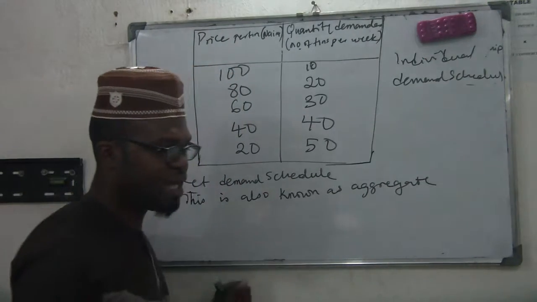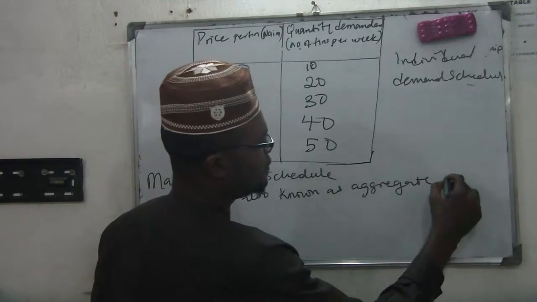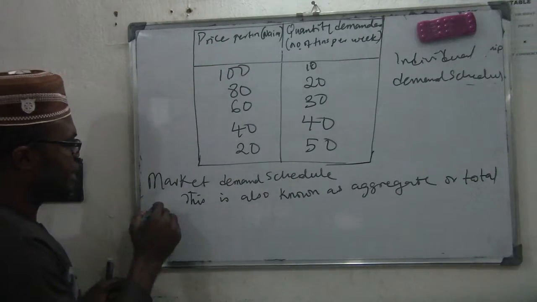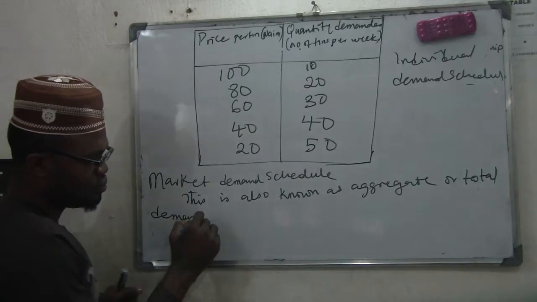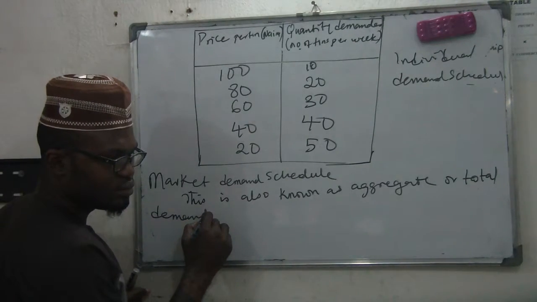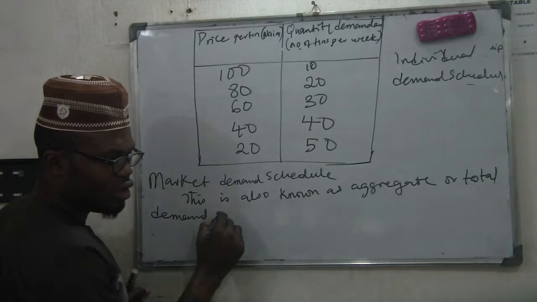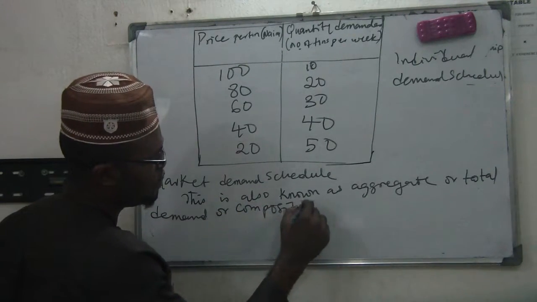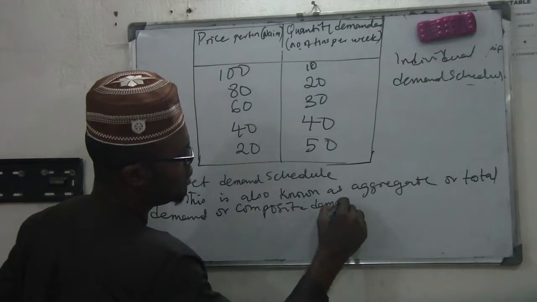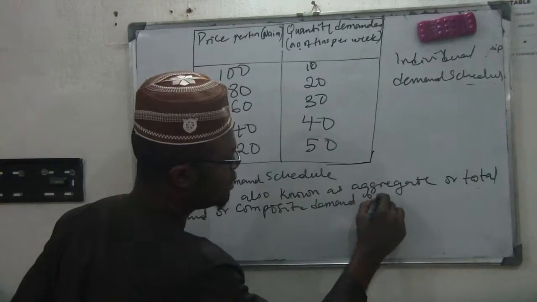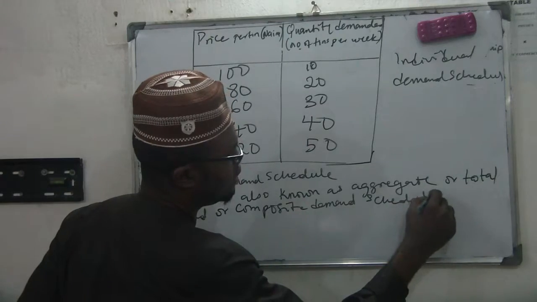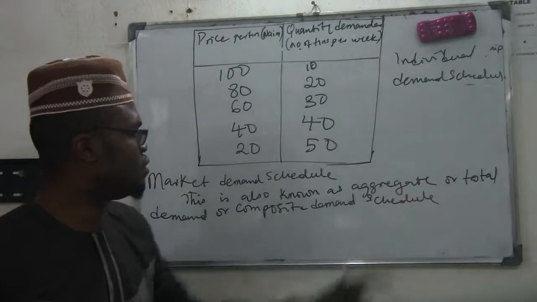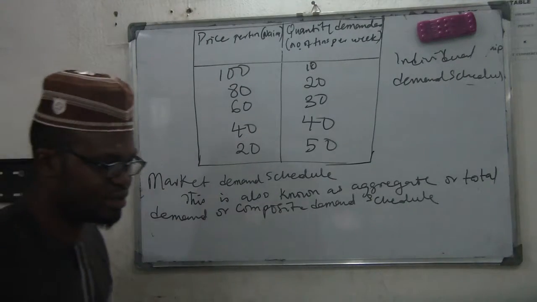You can also call it the composite demand schedule. So you can call it any of these: market demand schedule, aggregate demand schedule, total demand schedule, or composite demand schedule.